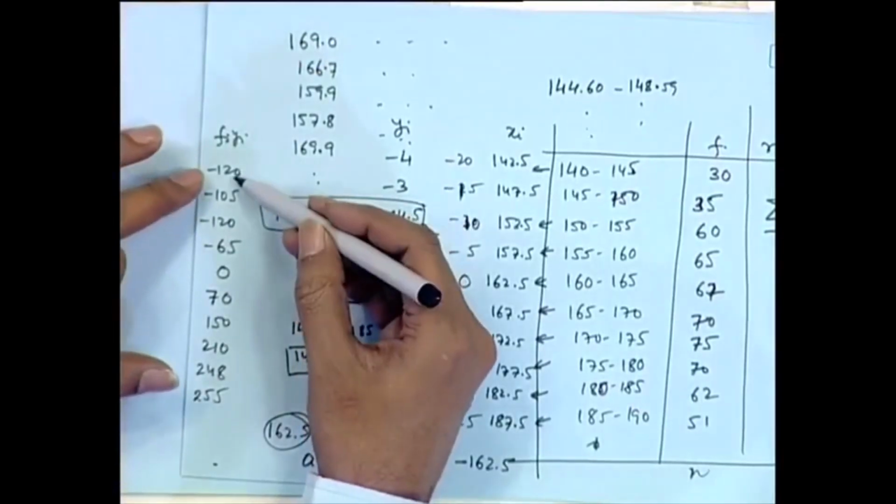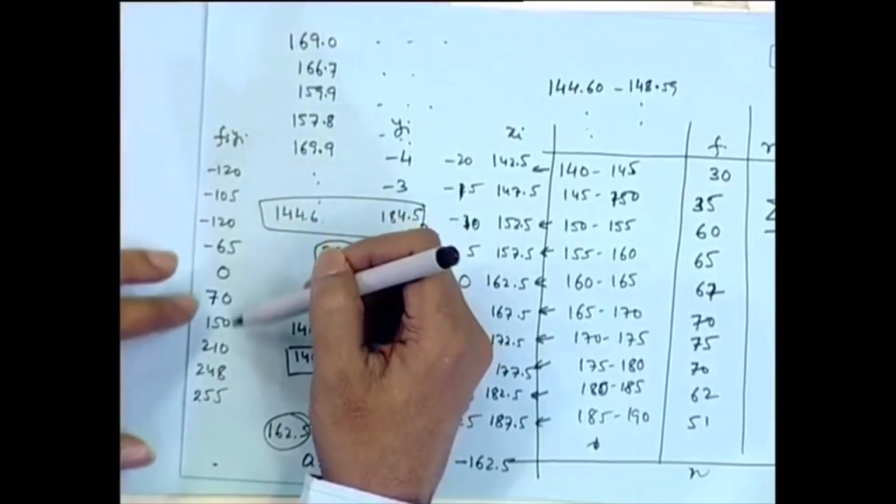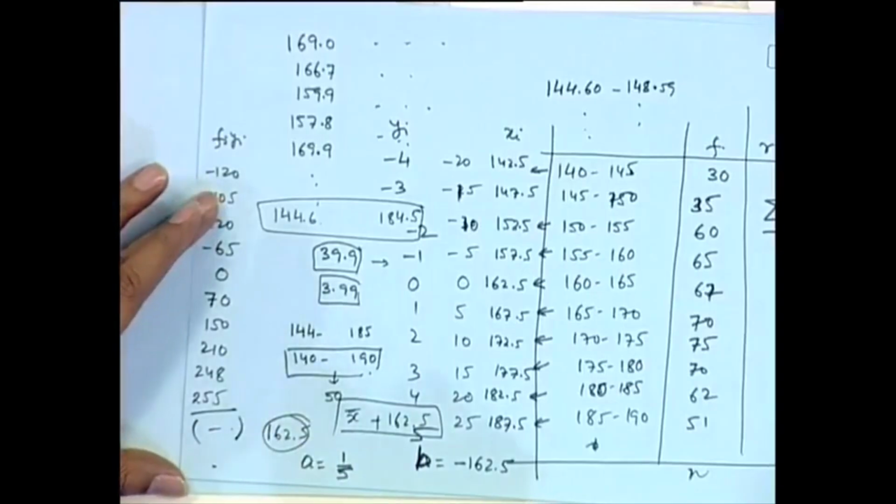And not only that, there are minus values and there are positive values. So, if you add, many of the values will automatically get adjusted and this total will become a much smaller number.